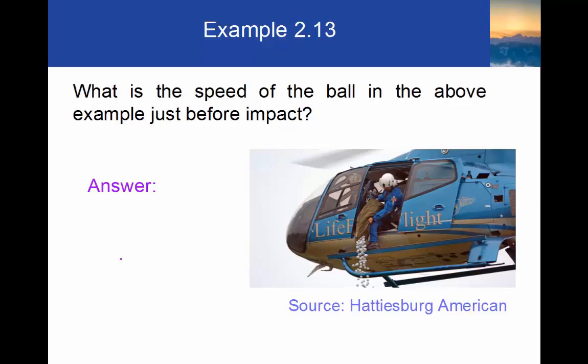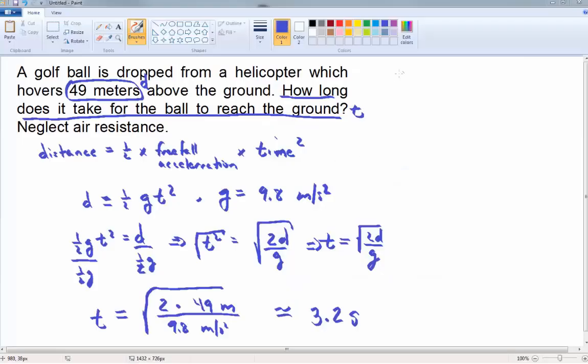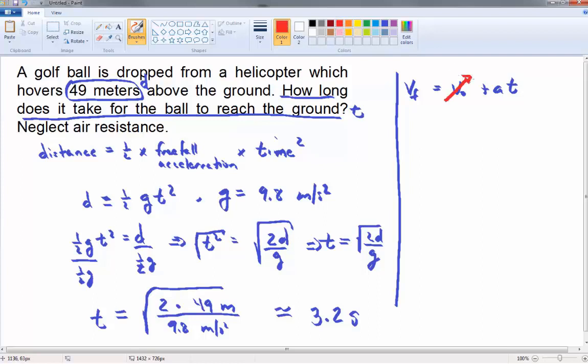So for this next example, how fast, we use v final is v initial plus at, and again it's being dropped, so we're saying this is 0, because that's what happens when you drop something.